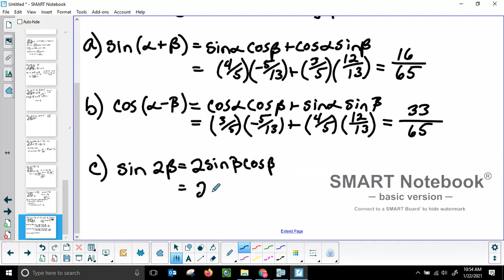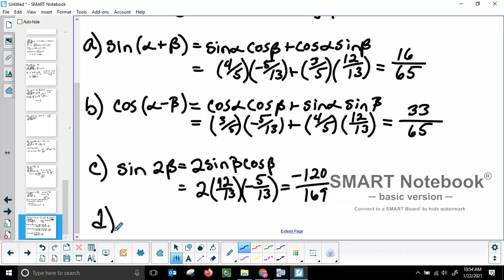So 2 times the sine of beta is 12/13 times the cosine of beta is -5/13. So this is going to be -60 times 2 is -120 over 169. Again, you could just plug that right into your calculator.